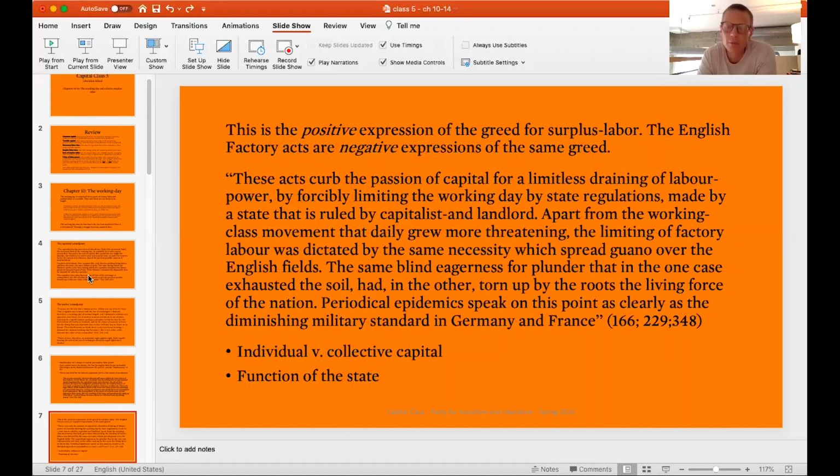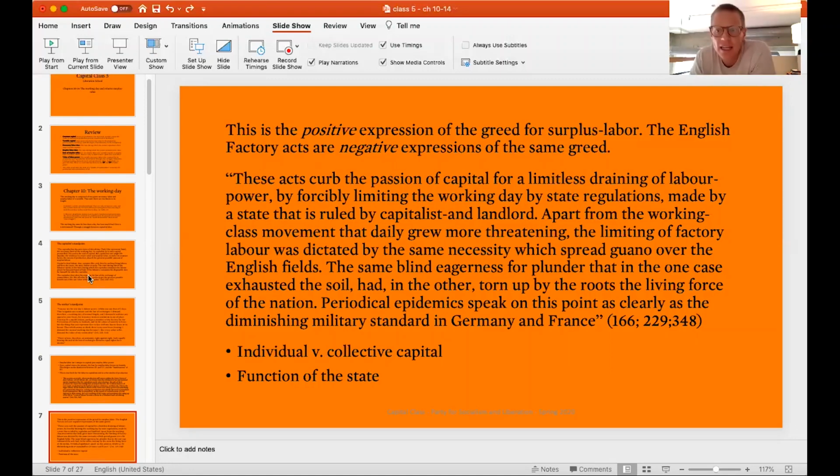So there's a couple of things here. First, Marx is talking about the nature of the state. This is really the first introduction of the state and capital. And he's telling us that the state is managing different sets of contradictions or conflicts, right?